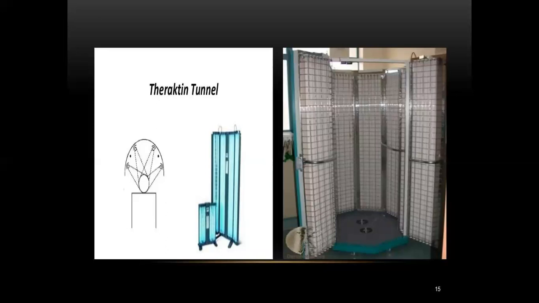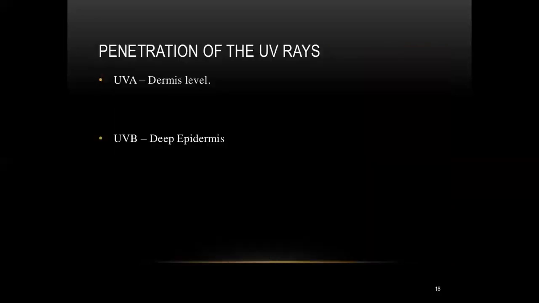As you can see, the Theraktin tunnel, which contains many fluorescent tubes. The penetration of ultraviolet rays: UVA at the dermis level, UVB up to the deep epidermis.